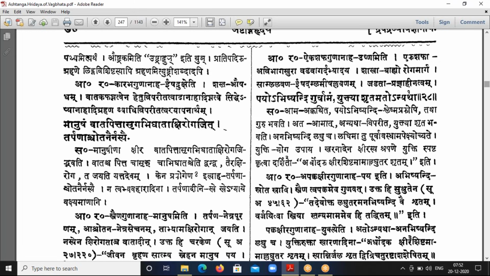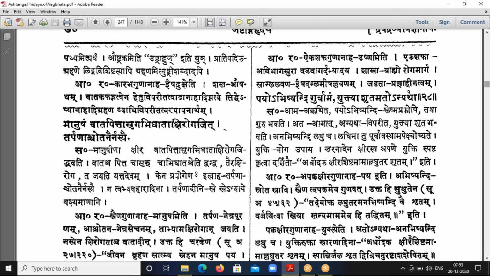Yuktya Shrudam Ataha Anyatha. If it is properly, Yuktya, boiled then it becomes anyadha.